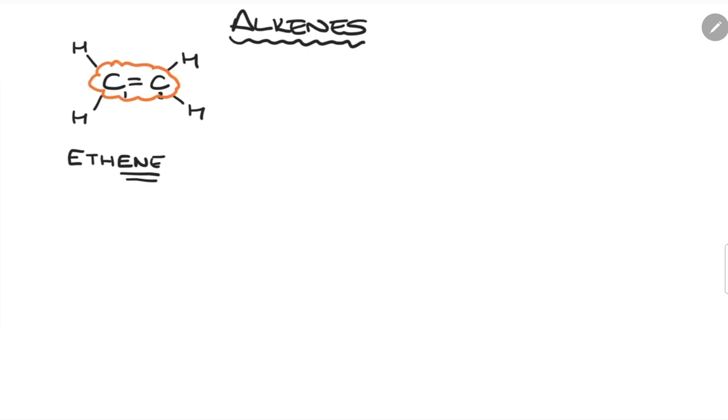And this makes the compound different in its chemical reactivity in comparison to the same length carbon chain for the alkane, this one being eth again because it's got 2 carbons, and this time with the ane ending.